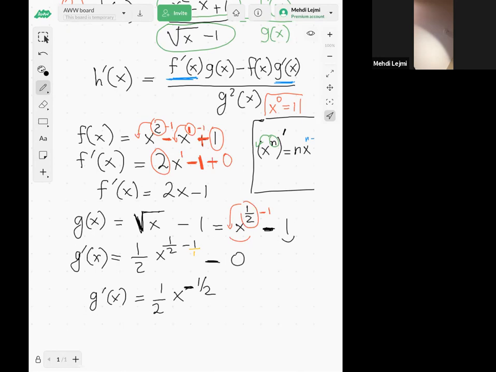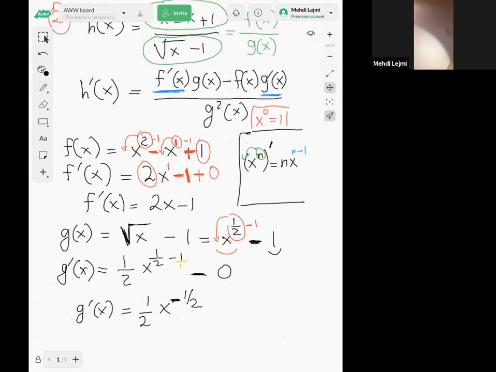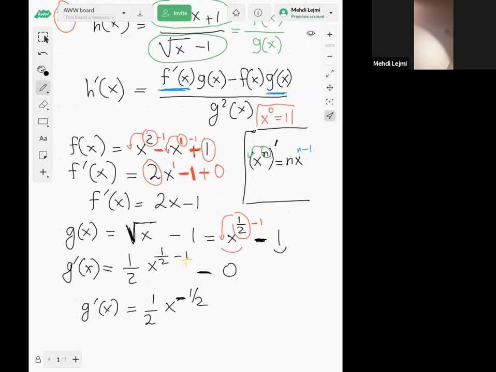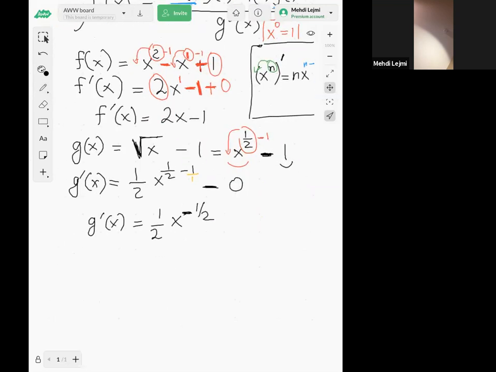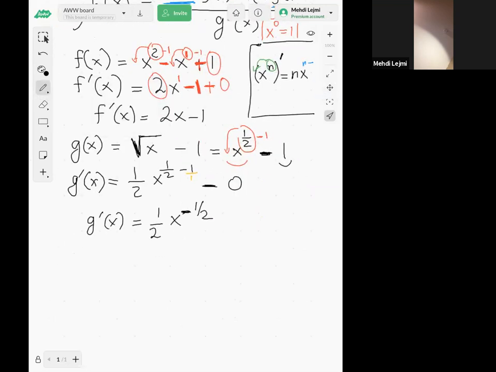And now I can apply my formula, so I can come back to h prime of x. So h prime of x, we said, is going to be f prime times g, right, minus f times g prime, over g squared, right?